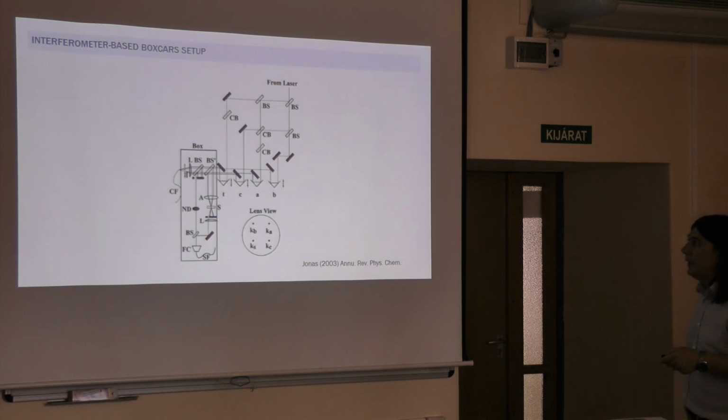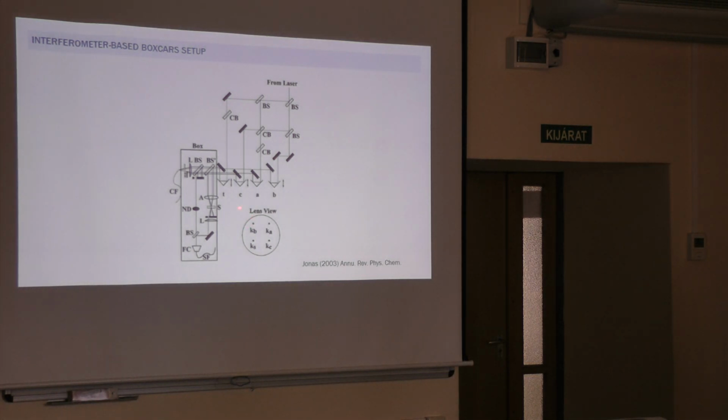For UV, you need very, very high stability. All the beams are then focused on the sample, and then you have the mask that I showed you about, then the signal of interest goes to the detector. Here at the lens you can see different spots: the first beam, second beam, probe beam, and then the signal.